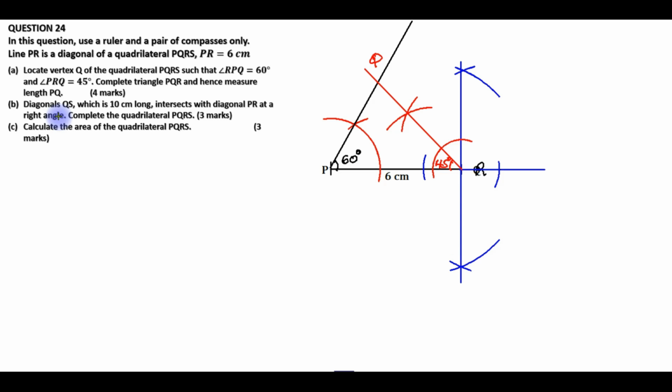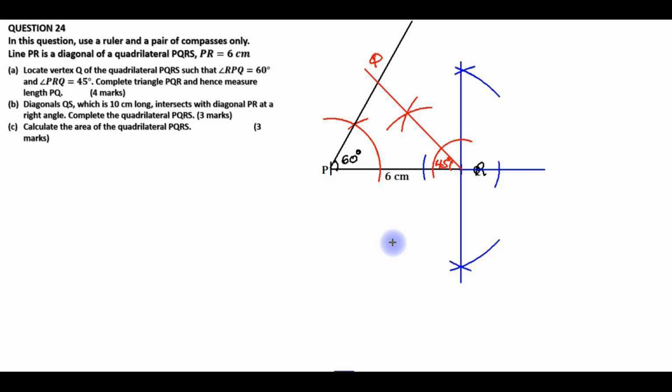So the other thing is, we have been told diagonal QS, which is 10 centimeter long, intersects diagonal PR at right angle. Therefore, it's perpendicular, so it cuts PR at right angle. Therefore, from Q, we are going to draw a perpendicular line downwards.